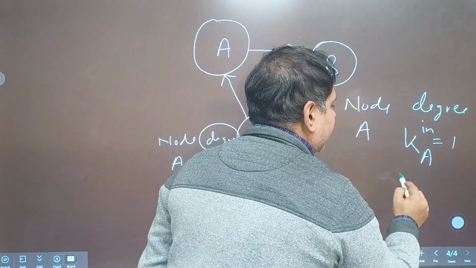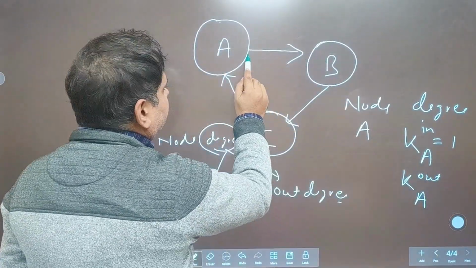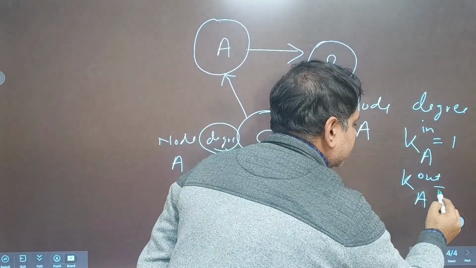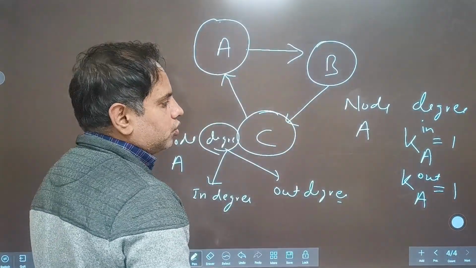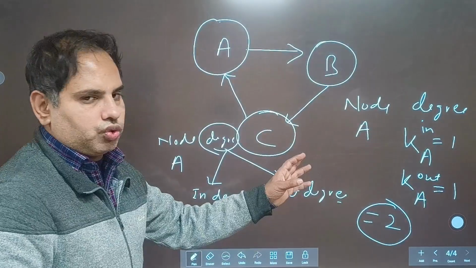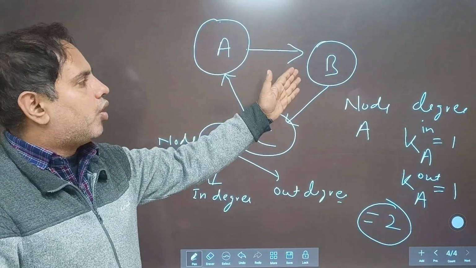And how many out? Out is also 1. This is going from this node to that node. This is the out-degree, 1. So how much is the total degree? 1 plus 1, that is 2. So the total degree is 2 in the directed graph, but there is an in-degree and an out-degree.